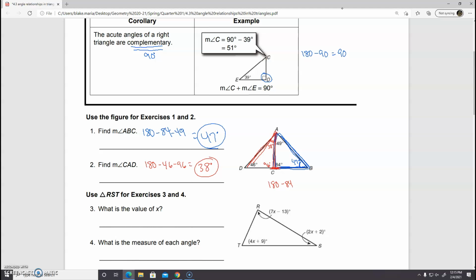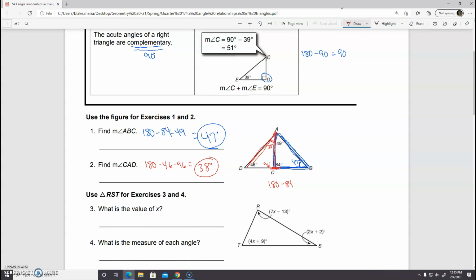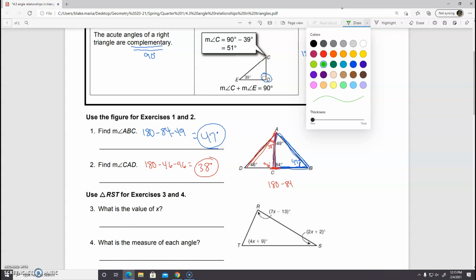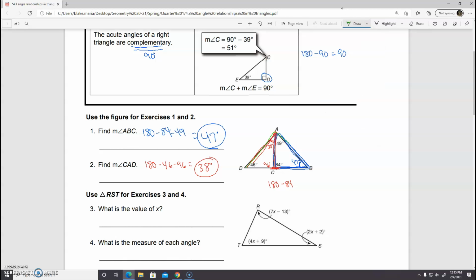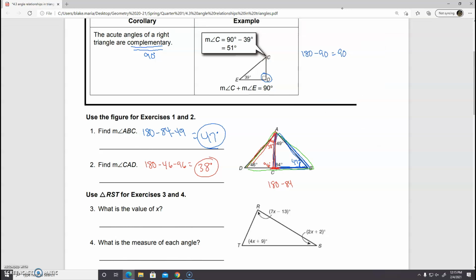All 3 of them, the angles should add up to 180. You might say, Ms. Blake, where's the third? That whole triangle is the third. Triangle ABD. So you can actually kind of check yourself a little bit if you want to make sure. Angle D, 46, plus 47, plus angle A, which is all of this, 38 and 49, should all add up to 180. All right, so you can always check yourself.